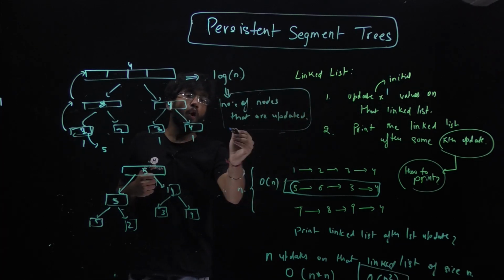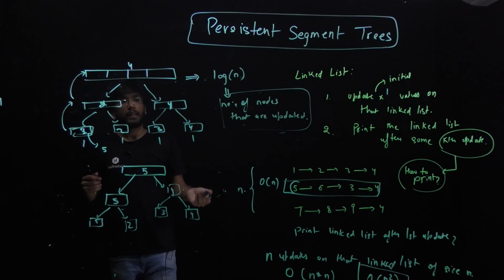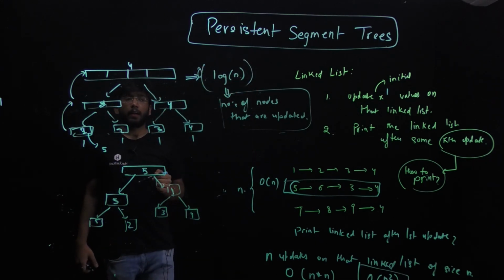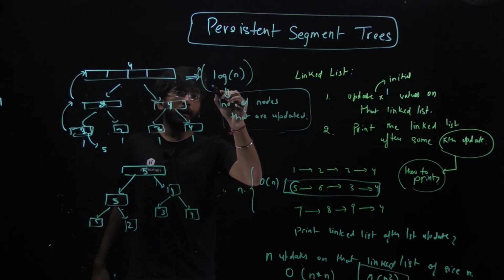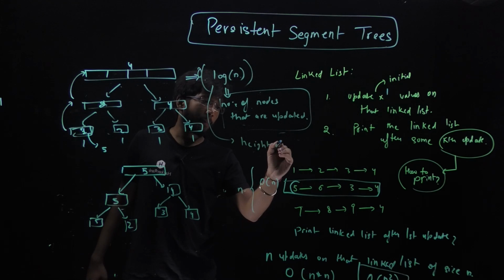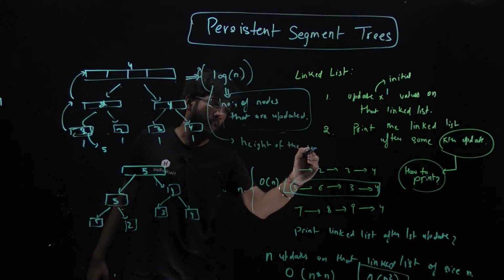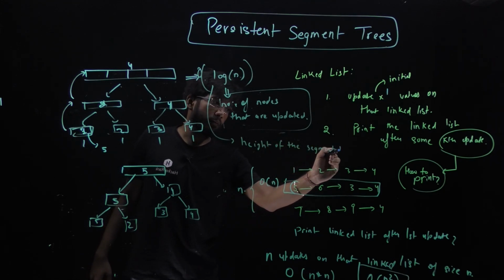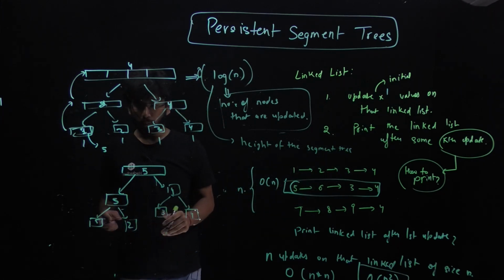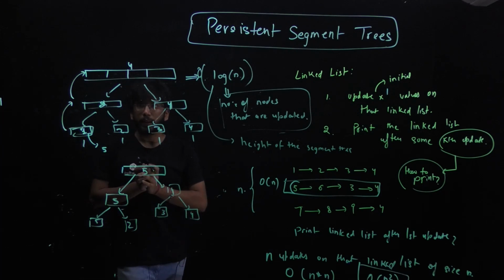Because log n is actually the size, or maybe I can say it order of log n, and yeah, so log n is actually the height of the segment tree. So yeah, this is the whole thing.